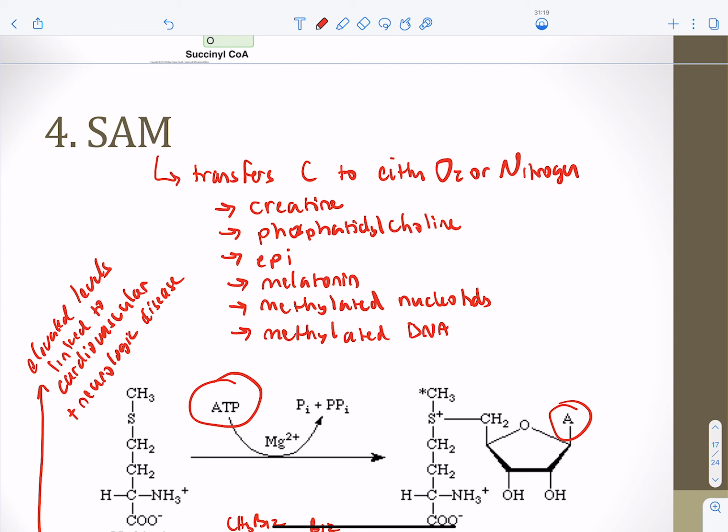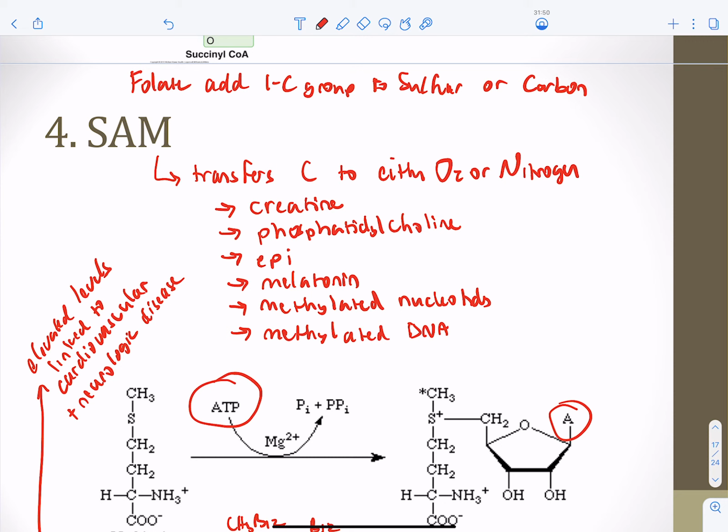And this is different than folate derivatives, and folate derivatives are going to add their one carbon groups to sulfur or another carbon. So this is the difference between SAM and tetrahydrofolates, for example, the different versions of it.